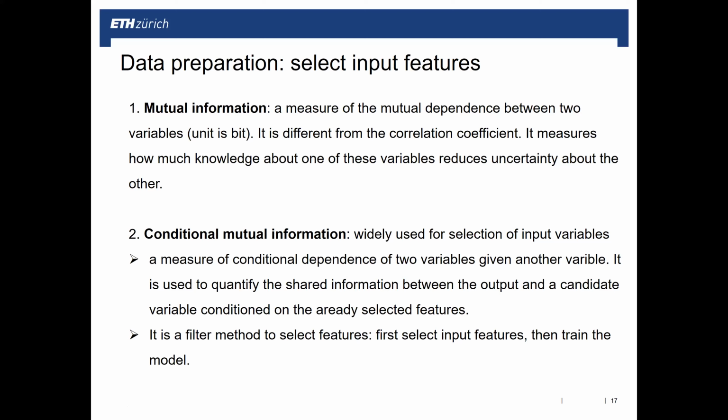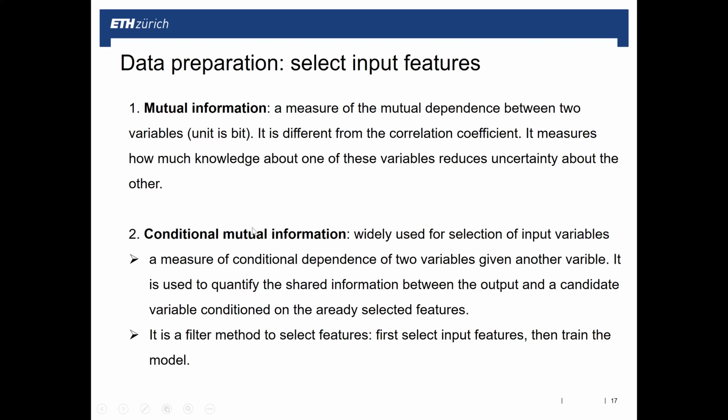Then we choose the second important feature, and based on these two, we calculate the conditional mutual information again for the remaining variables.